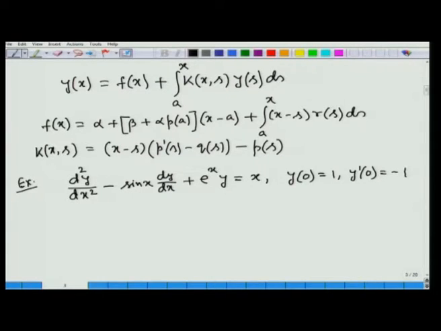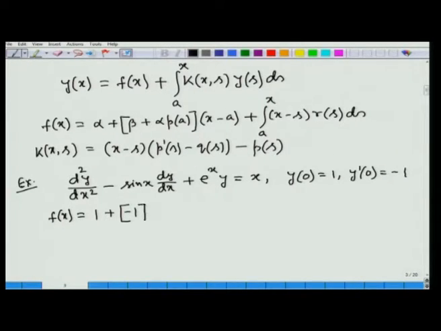So, quickly if we substitute this expression into this formula, then we can find f x, this is equal to 1 plus beta, which is minus 1. Now, p x is minus sin x, a is 0. So, that means p a is 0.